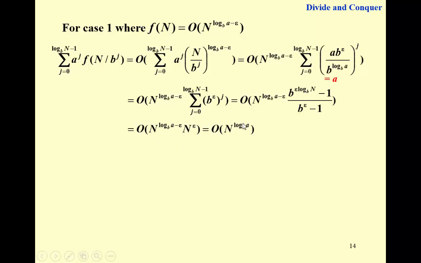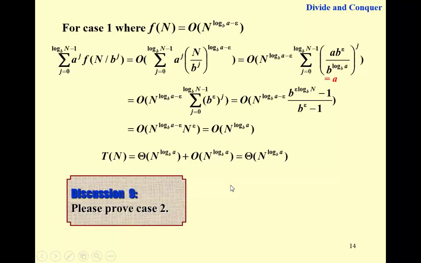Finally, T of n is big theta of this one, for the bottom level, plus this sum, which gives an upper bound of big O of this term. Putting them all together, we get big theta of this term. That completes the proof for case 1.